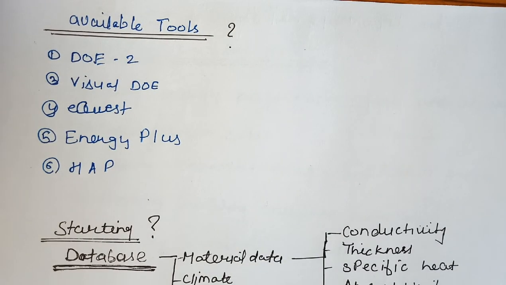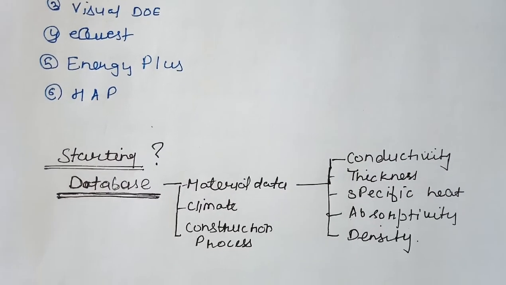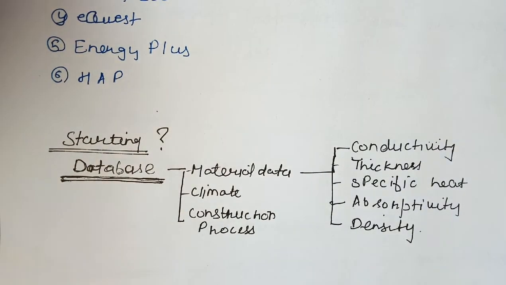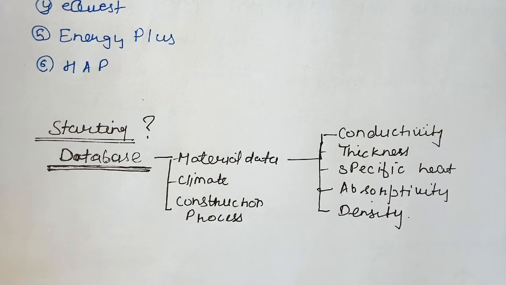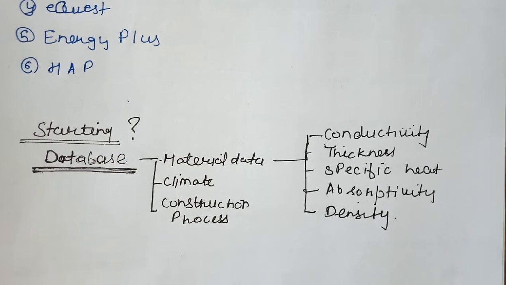Now we will discuss what software or models are available in the market, in our construction industry or design process. Those are DOE, Visual DOE, eQuest, EnergyPlus, and HAP, and lots of other software. And how do we start the modeling process? First, we collect the database: material data, climate, and construction process, and all other qualities of material like conductivity, thickness, specific heat, and density.